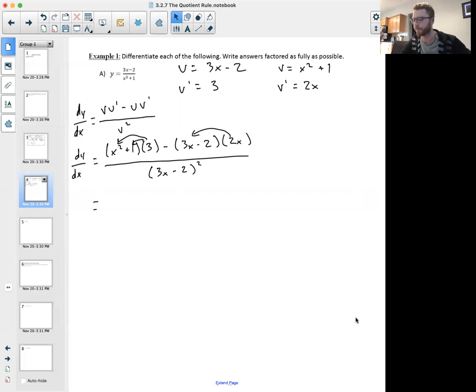Is it v or u squared on the bottom? That is a v squared. Sorry, I know I can't really be as accurate as I would like with this pen. Would it be x squared plus 1 all squared on the bottom?